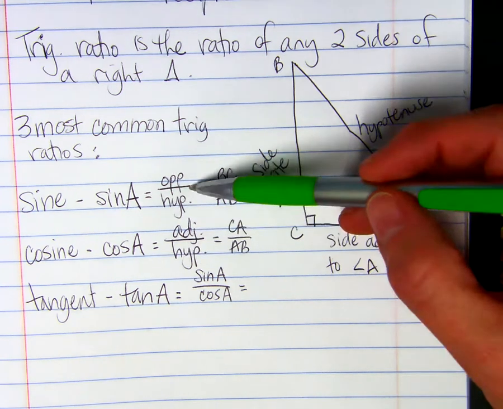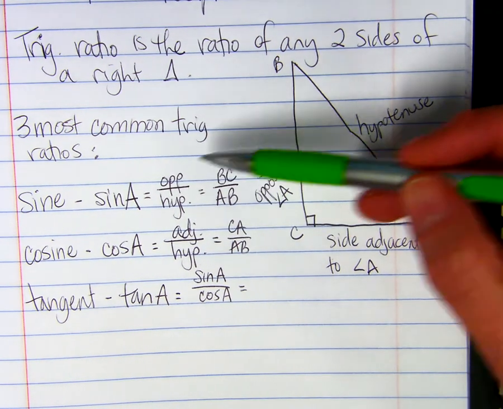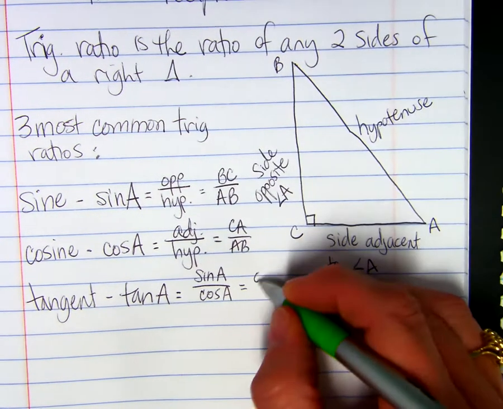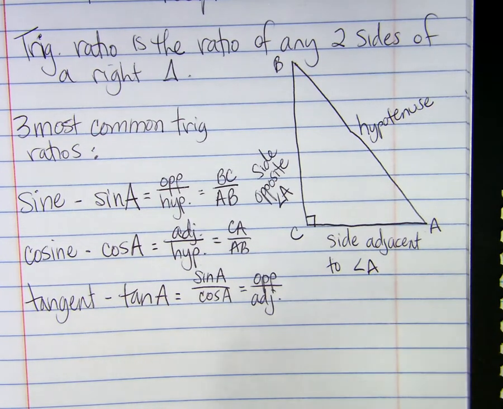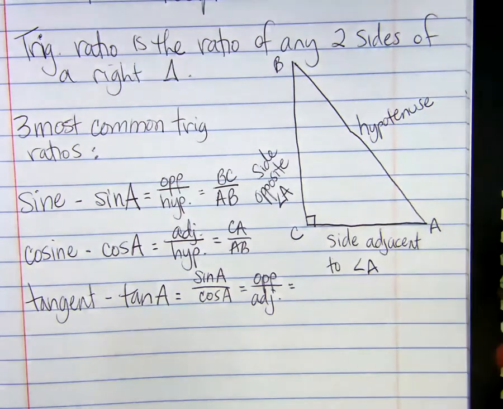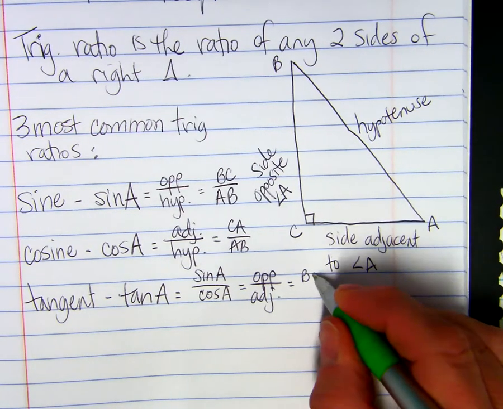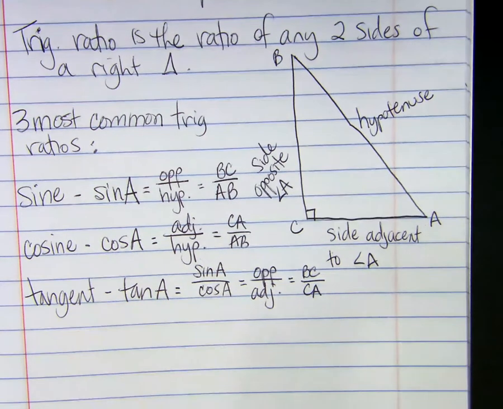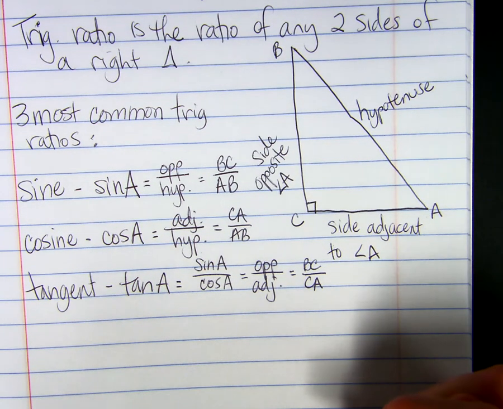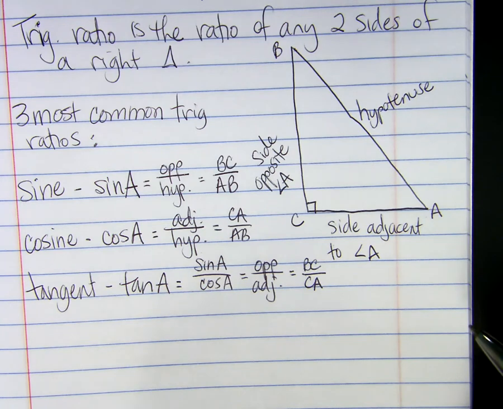So the hypotenuses will cancel, and you'll get opposite over adjacent. The opposite is BC and the adjacent is CA, and that would be considered our tangent ratio.